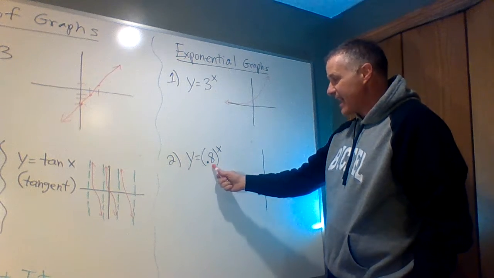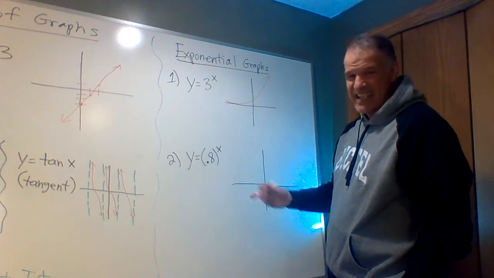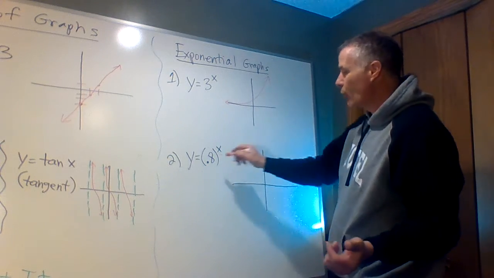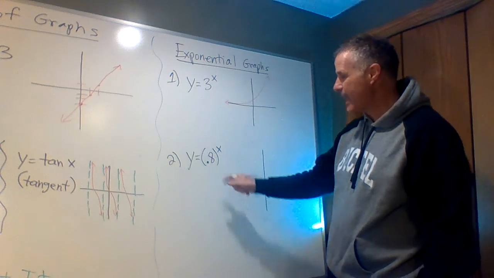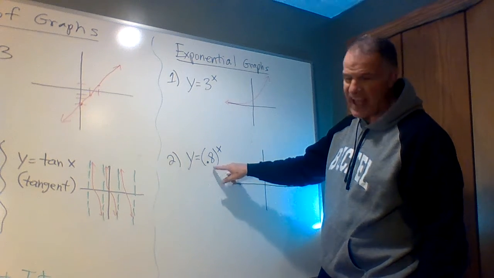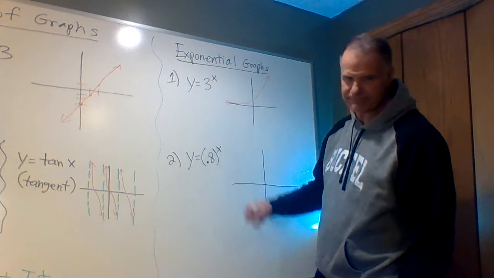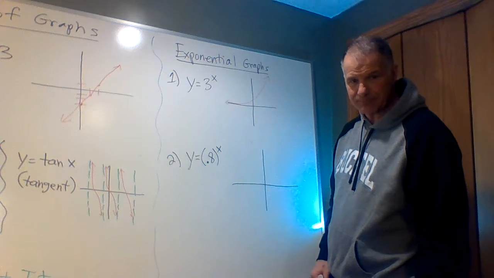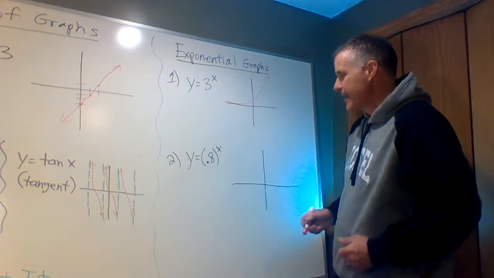Now, the second one here is a decay, which kind of makes sense. Growth or decay. Obviously, decay, see that base number is less than 1, 0.8. Anything less than 1, a fraction or a decimal less than 1, is an exponential decay.